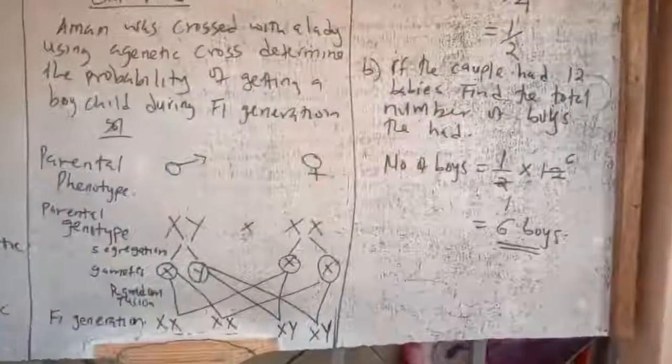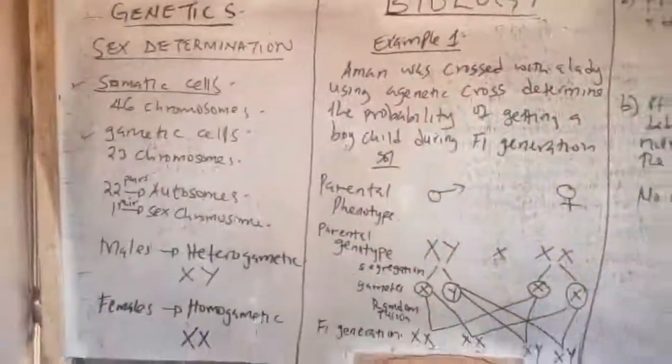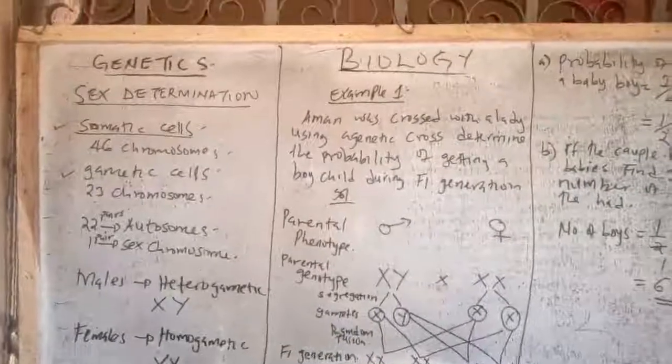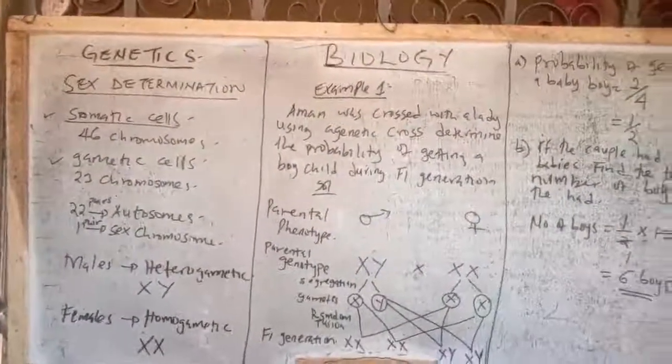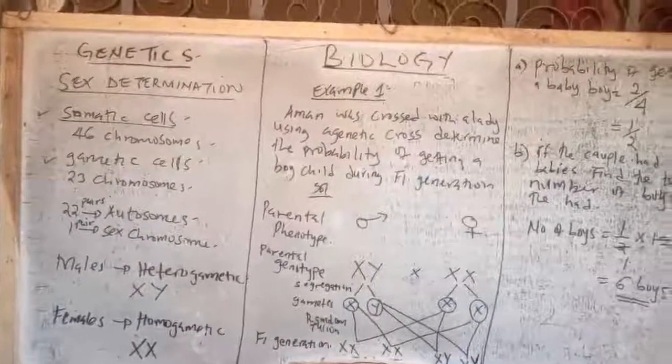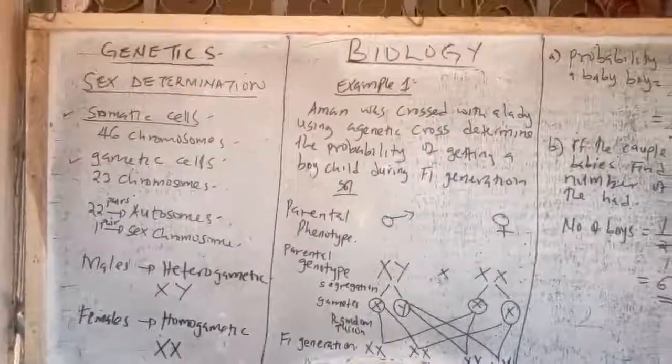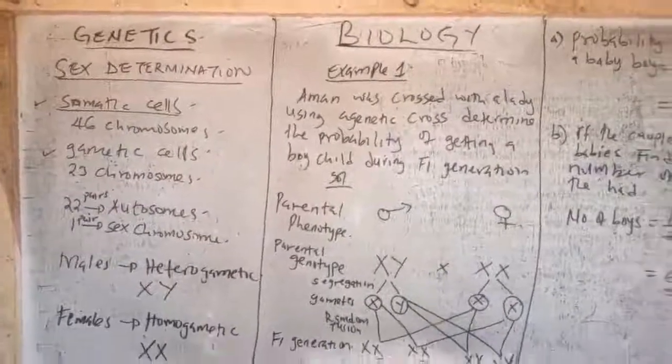As far as our sex determination is concerned, I've said that the gene that determines the sex of the child is normally located on the Y chromosome, and therefore we can say males are the ones responsible for the determination of the sex of the child.